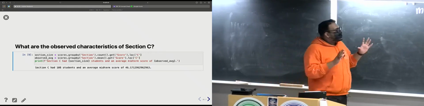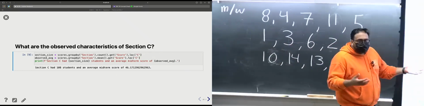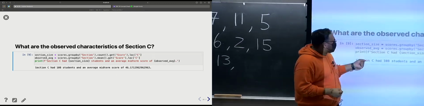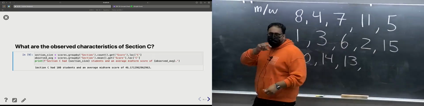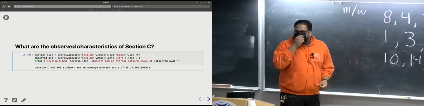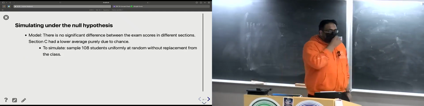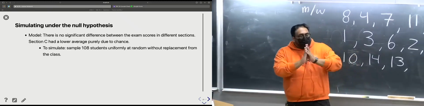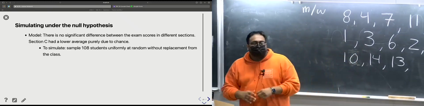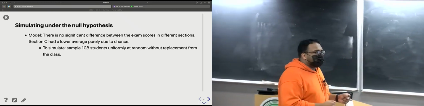Anyways, just for some data, our section, like I said, had 108 students take the midterm, and an average midterm score of 46.17. Remember, this is out of 70, not percentage. To simulate data, I'm going to ignore section labels for a second and pretend we have one really big class with 393 people in it.